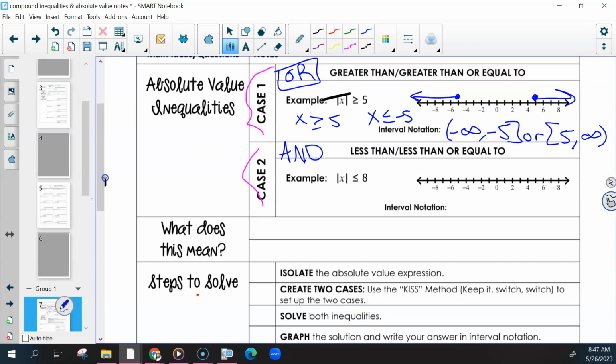And we would do the same thing to C. Drop the absolute value, keep the sign the same, keep it positive. For the other one, change the direction of the sign, make the 8 negative. In this case, maybe you don't remember which one's and which one's or.